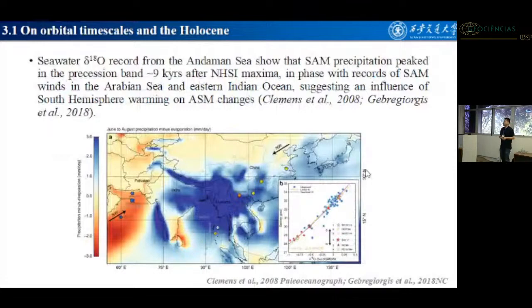It's suggesting an influence of Southern Hemisphere warming on Asian summer monsoon changes. These arguments were proposed by Stephen Clemens and his colleagues.